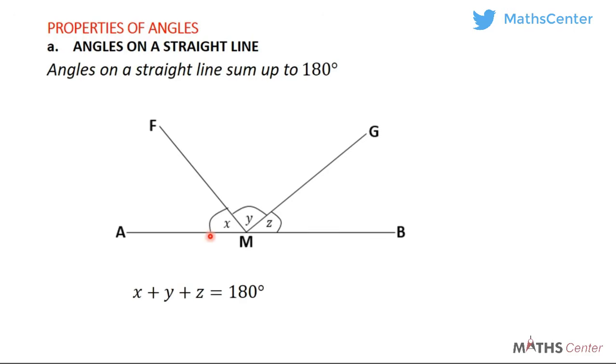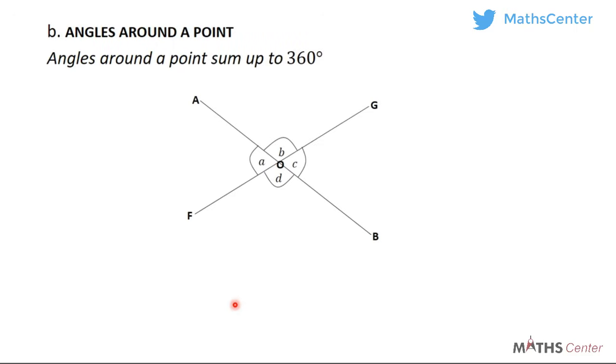So what this means is that if we add x to y to z, then we must get 180 degrees. This property of angles is very important. We are going to use it in the subsequent videos a lot, so make sure you get it. If you have a straight line and you add all the angles on the straight line, you must get 180 degrees.